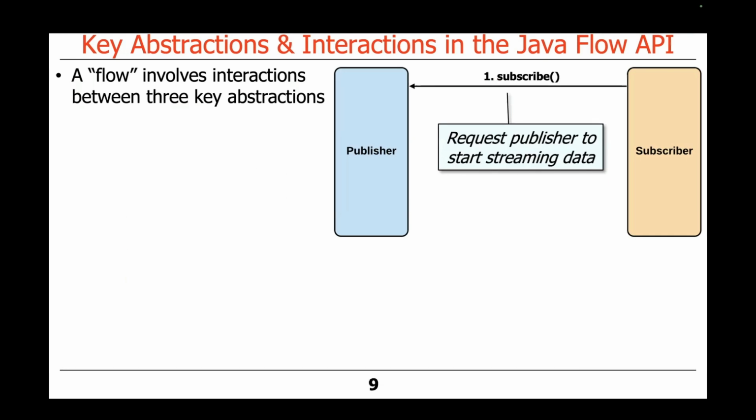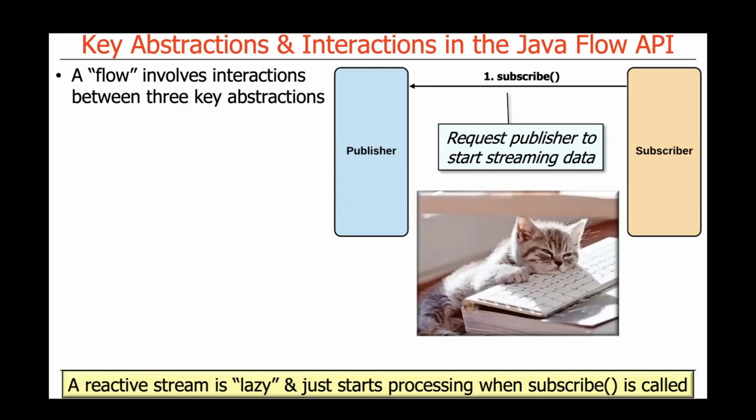So the subscriber will subscribe to the publisher, which says, hey, start sending me data. And the thing to remember here is the reactive streams semantics are that a stream is lazy and only starts processing when subscribe is called by a subscriber. Up until that point, nothing happens.